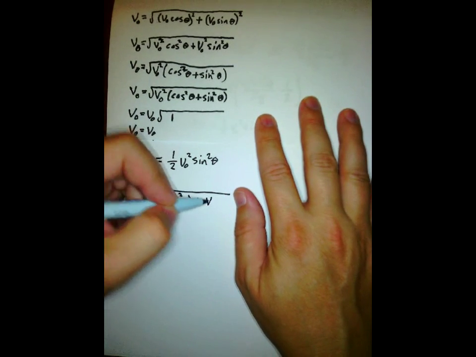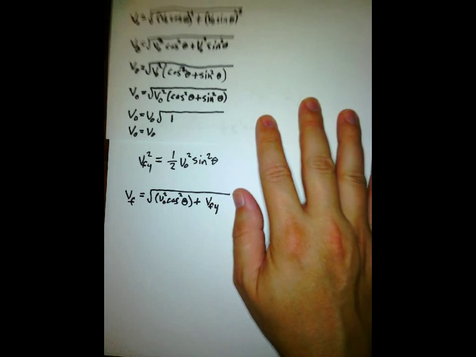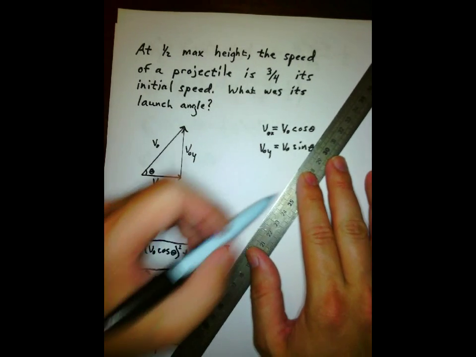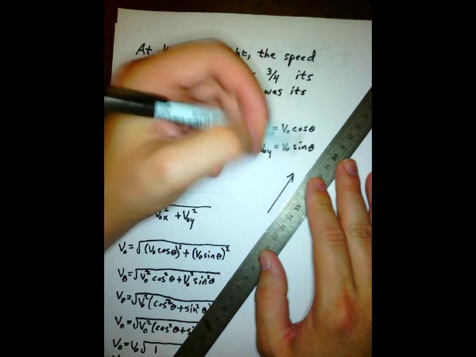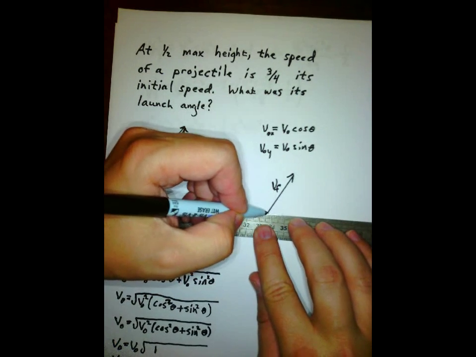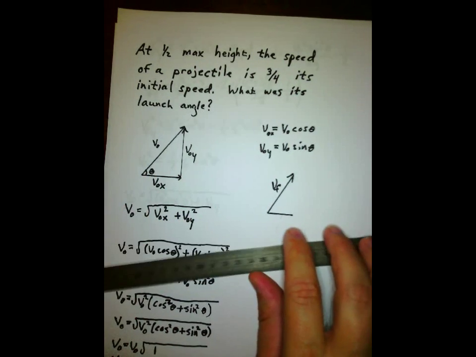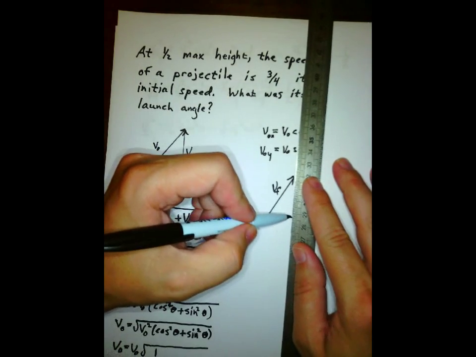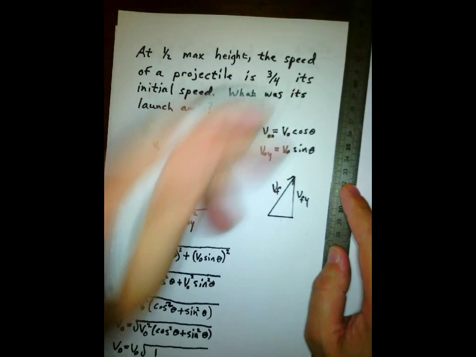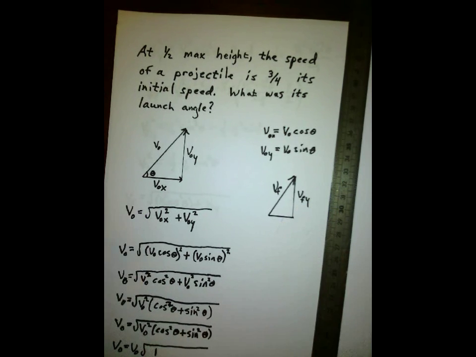So V final y, alright, and it's squared because my final velocity vector is just going to be another vector, V final, and I'm going to have the x component, which we said would be the same as this, which is V naught cosine theta, and then the vertical component is going to be V final y, and when we do our Pythagorean theorem, we would square this, add them together, and take the square root.